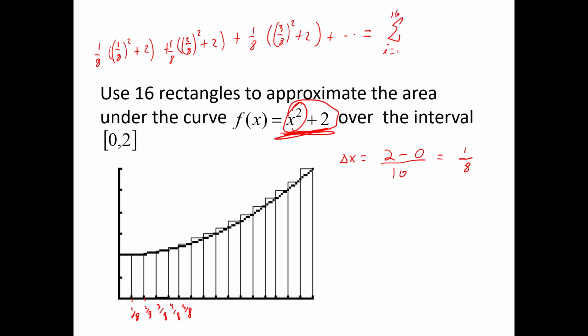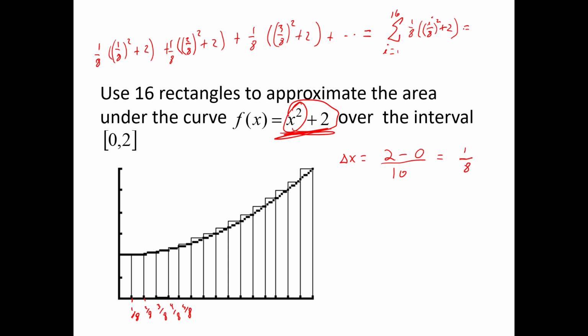So the top one should be 16. Each term here, you can see that out in front has a 1/8. You can see that inside the parentheses you have something being squared plus 2. Each one of them has that. The something that's being squared is a fraction, and the denominator is always 8. And the numerator is just 1, then 2, then 3, then 4. So the numerator is just I.